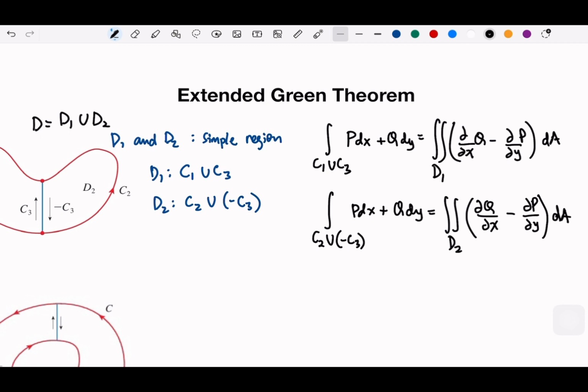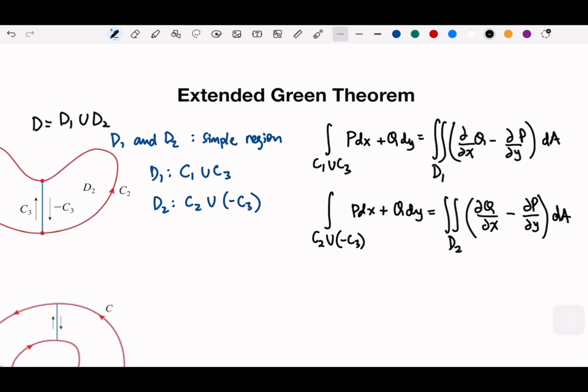If we add these two, because of the curve on C3, the line integrals on C3 and negative C3 will both be cancelled, right?